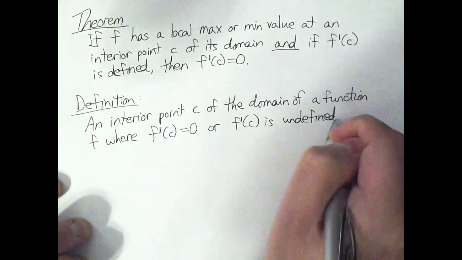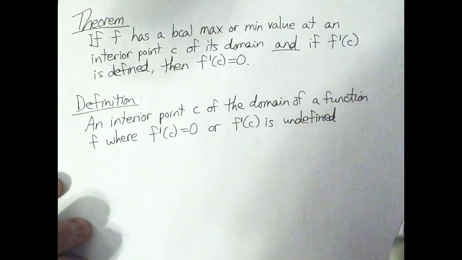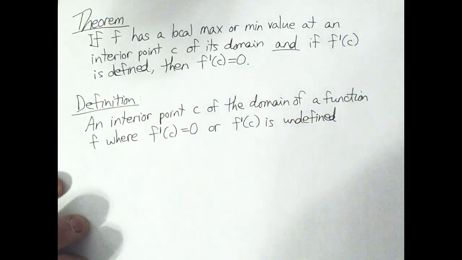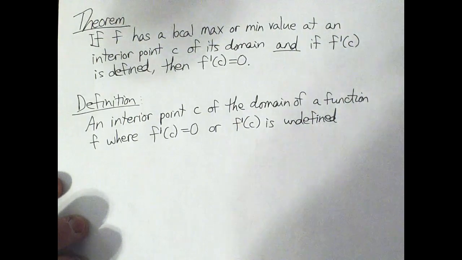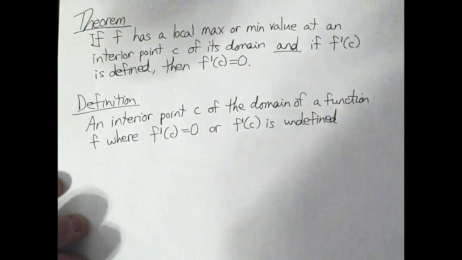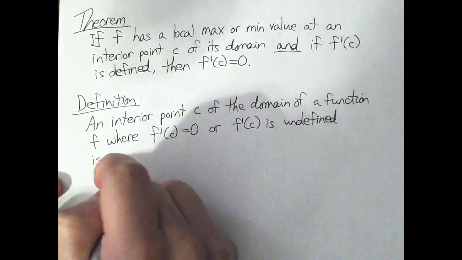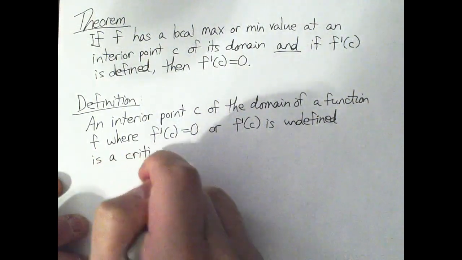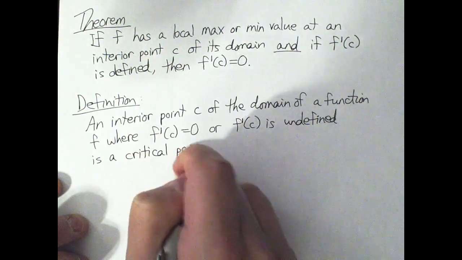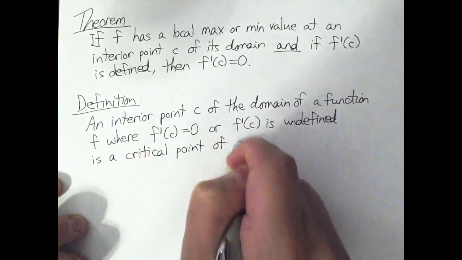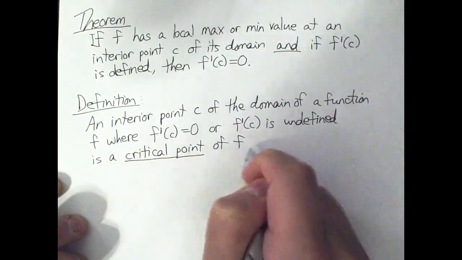These are the places that are kind of the candidate locations of where we might find a maximum or a minimum. It is called a critical point of f. I'm going to underline critical point.